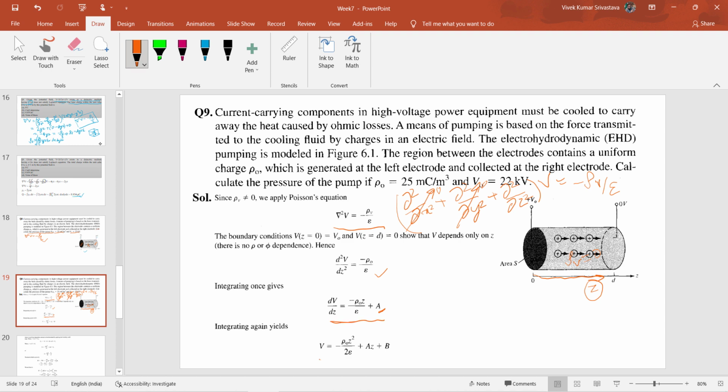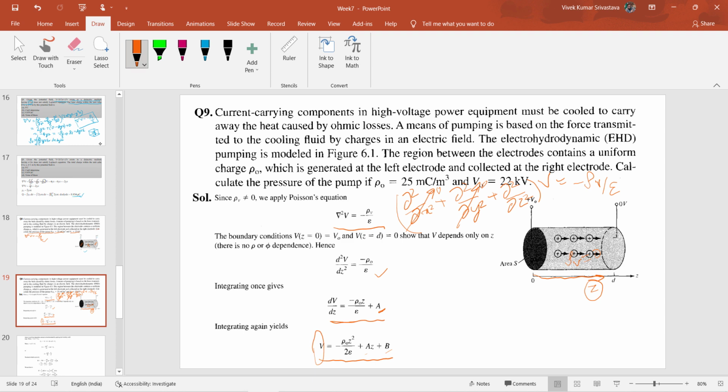So the final expression of V is obtained as V is equal to minus rho naught z square by 2 epsilon plus az plus b, where a and b are constants. So now for finding out the net expression of this potential, we have to find out the value of a and b. So the question is how to find out the value of a and b.